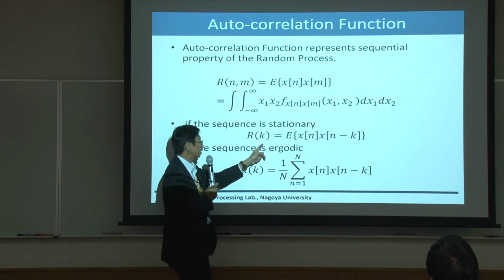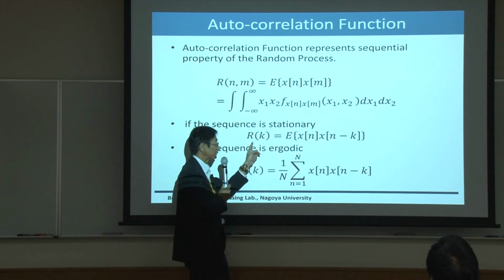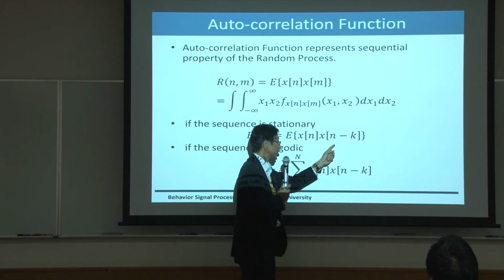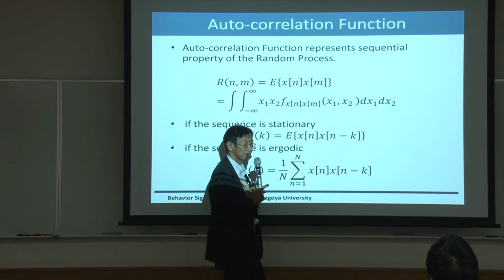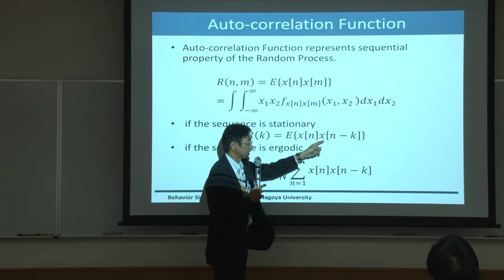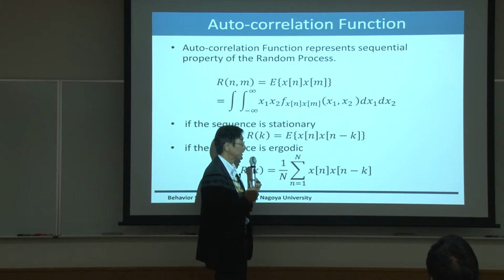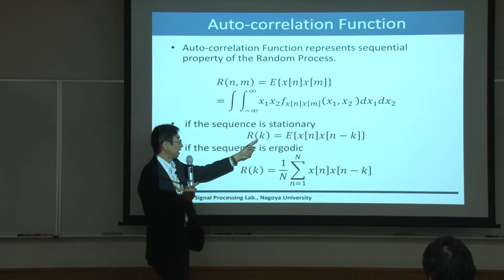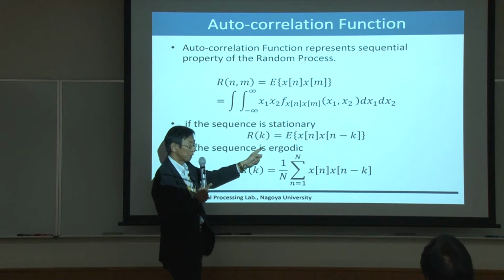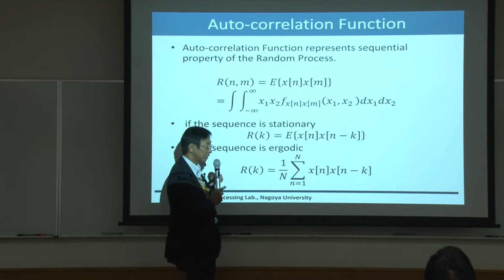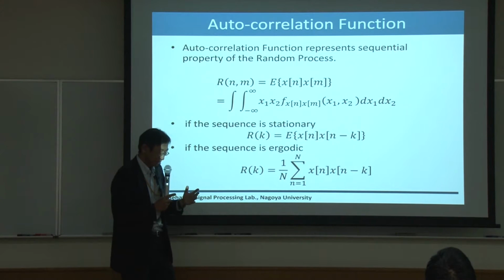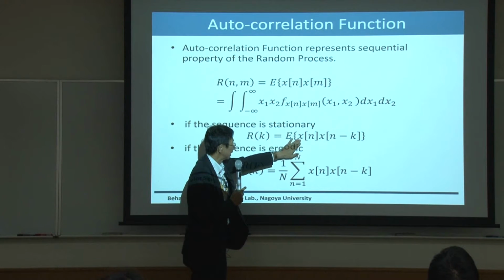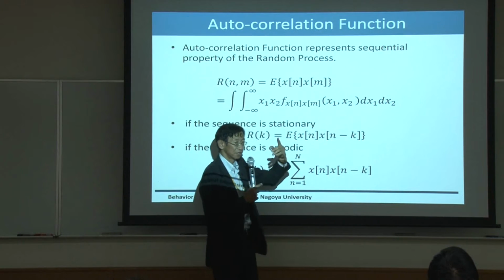The average product value of the two samples distant by k samples. That is the autocorrelation function. Obviously, when k is equal to 0, in other words the correlation or product with yourself, x n times x n is the biggest.